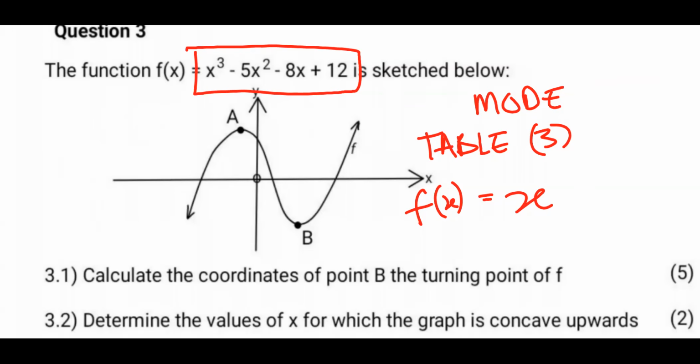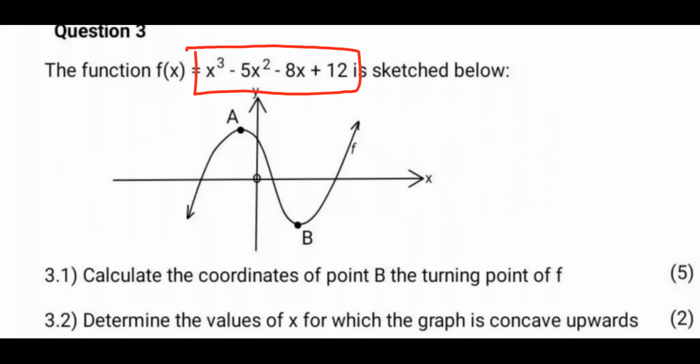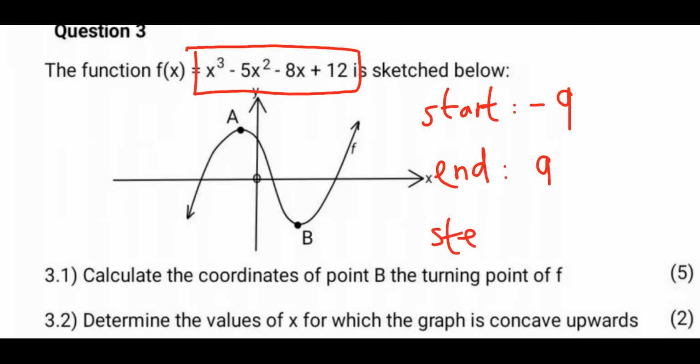Tell me when you're done punching in the function. Now press equal to. If it offers you a g(x) function, just press equal to again. We're going to skip that. Now I want you to start at -9, so you press -9 and equal to, then end at 9 and make your step 1.